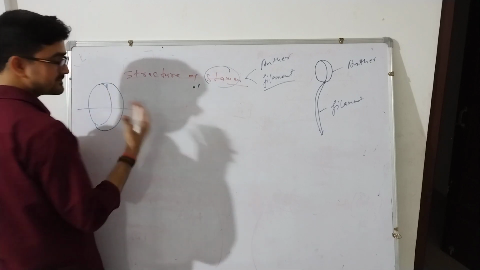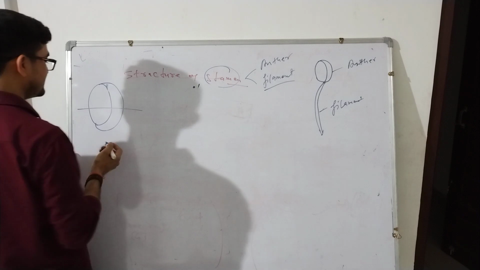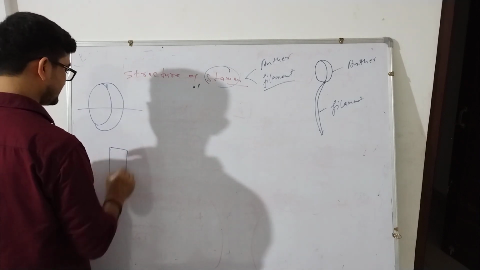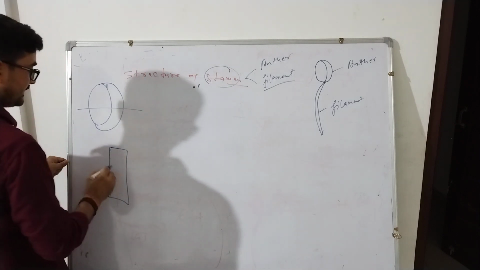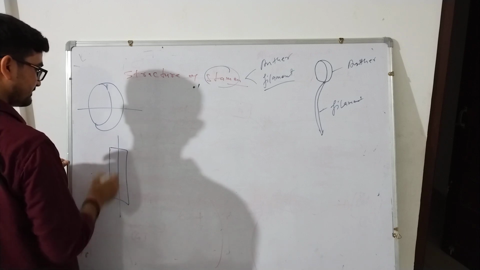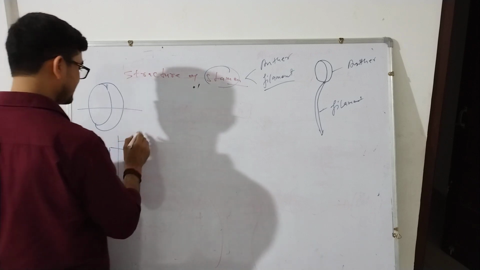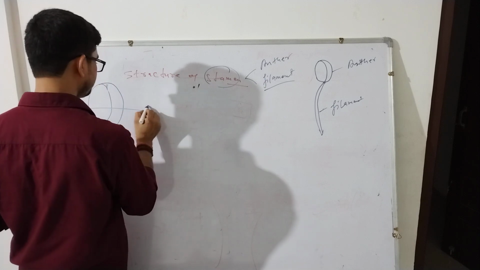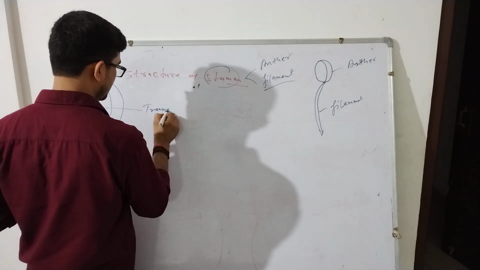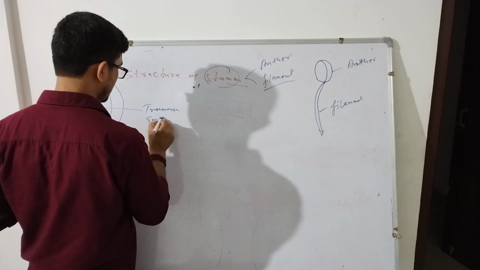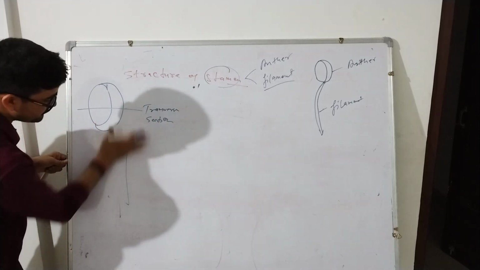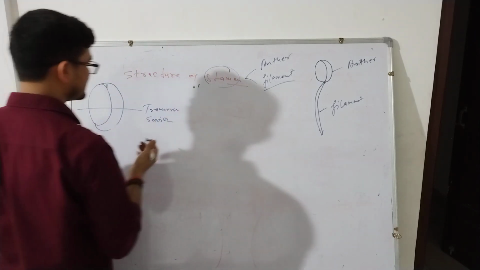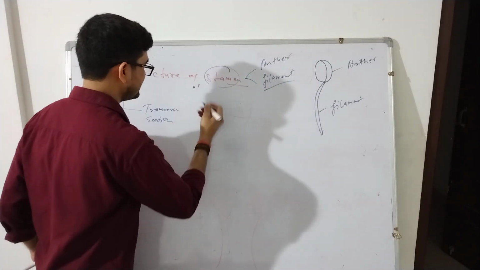When you cut a transverse section, suppose of any object and we cut like that, we call it a transverse section.